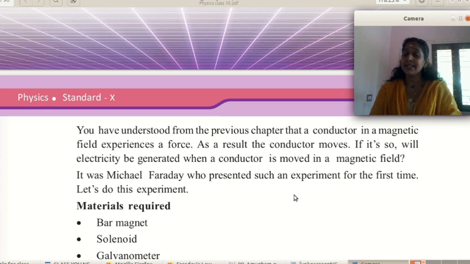He did experiments about it and discovered the current. By using a magnetic field and a conductor, he produced current. Due to that invention, our world changed. Without current, we cannot imagine a life, isn't it?